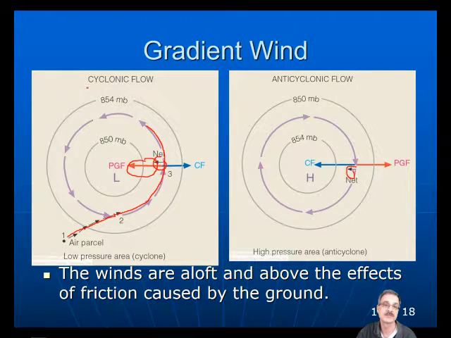Low pressure systems are referred to as cyclonic flow, and high pressure systems are referred to as anticyclonic flow. This applies to winds aloft, above the effects of friction caused by the ground. As long as we're above what's referred to as the friction layer, we get this circling air around high and low pressure systems.